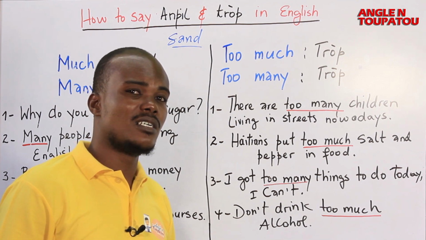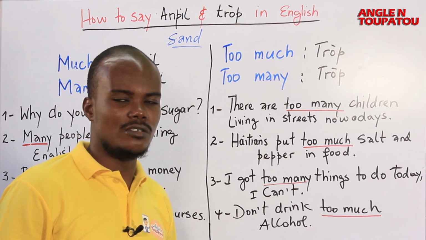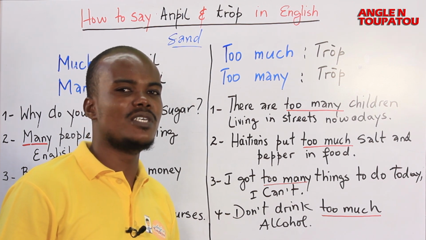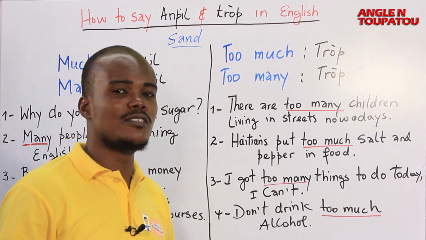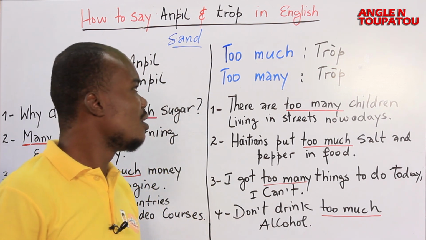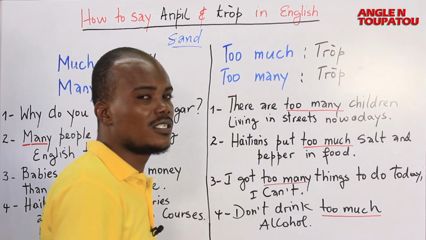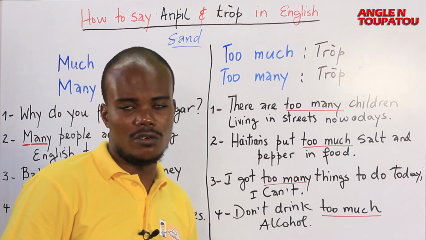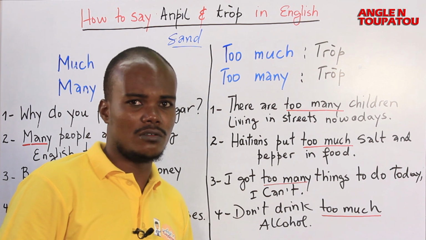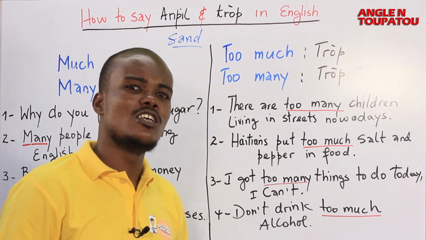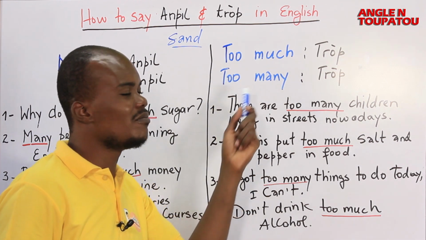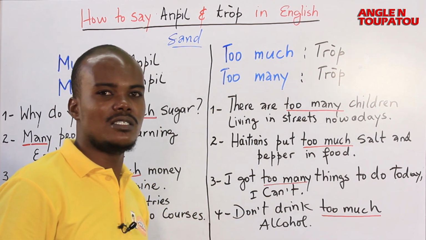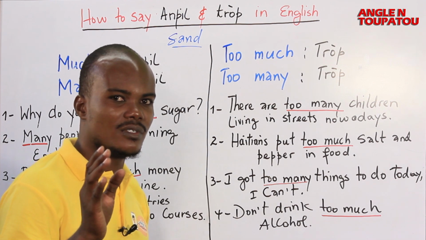Somebody says, I like much sugar too. If you put too after much, that means also. But if you put too before much and many, they mean trop.